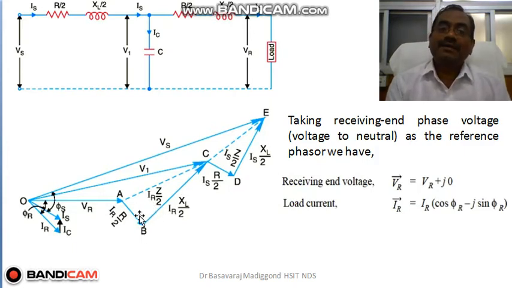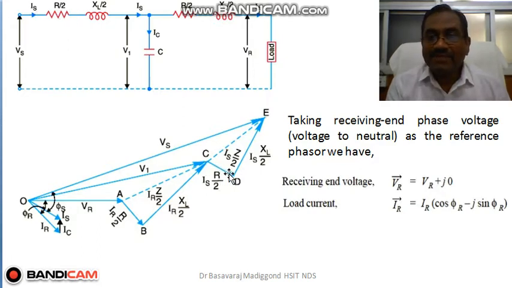Next, when IS flows through this R by 2 and XL by 2, again it will create a voltage drop. IS into R by 2 is in phase with IS, and similarly IS into XL by 2 leads IS by 90 degrees.